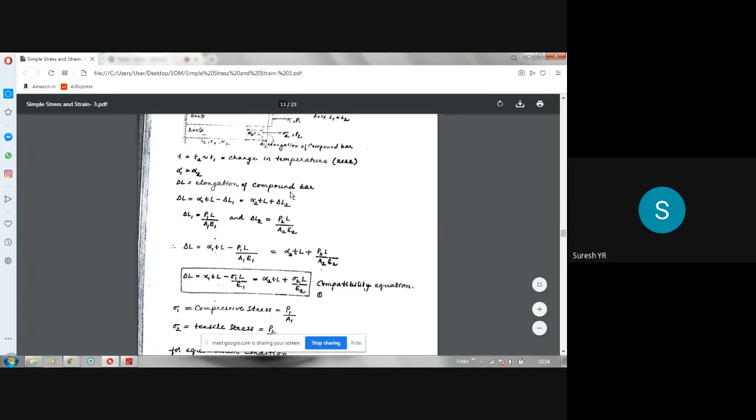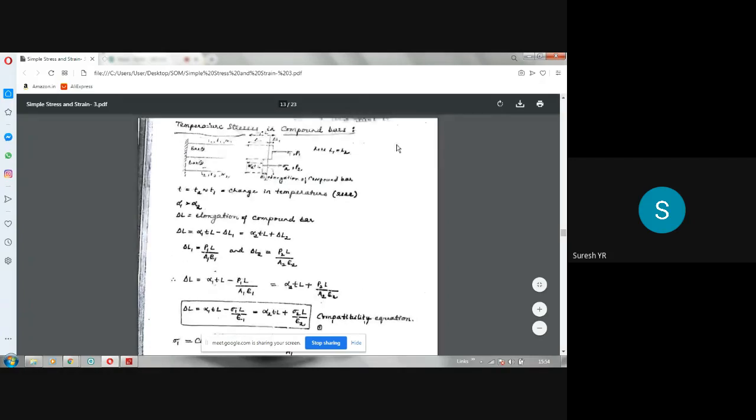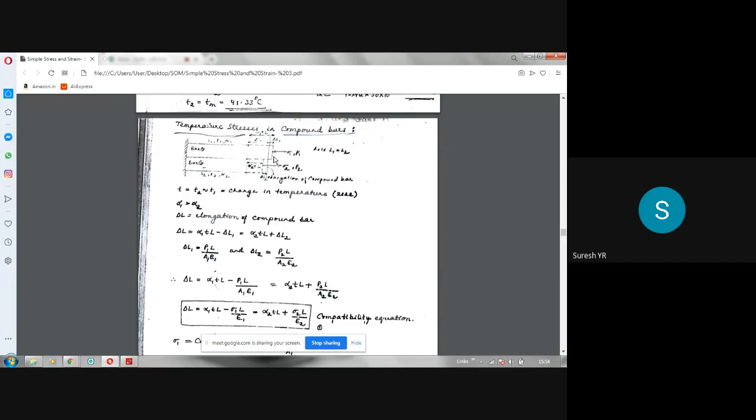Now here, what are P1 and P2? P1 is the force that is going to develop in this bar, a compressive force. See, I have shown here, sigma 1 is the compressive stress. P1 is the compressive force that is going to develop. This P1 is nothing but sigma 1 into A1, because stress is equal to resistance divided by area, so resistance is stress into area.